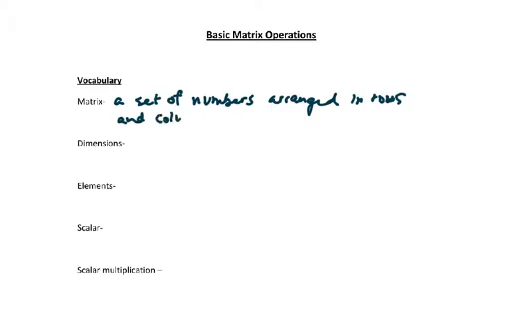So a matrix is a set of numbers arranged in rows and columns, and the goal here is to have a rectangular shape.